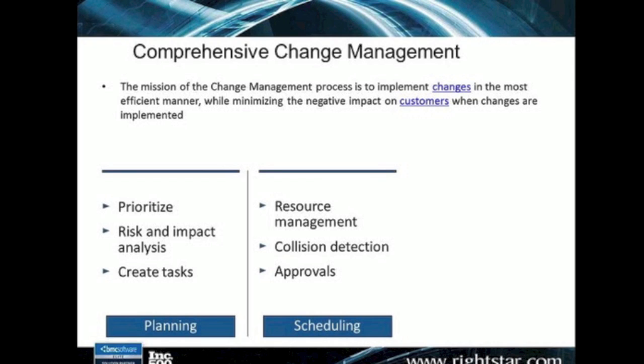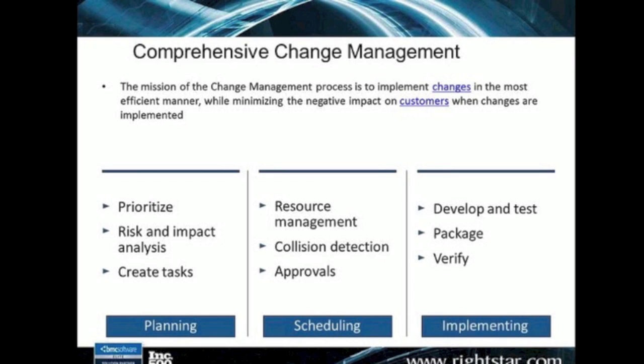And then finally, once it gets approved, we need to develop and test the change depending on the complexity of it. We need to then deploy the packages. We need to verify that the changes were correct. And we need to then monitor those changes for some period of time to make sure there's not a downstream effect. So that's at a high level what I think are the three buckets.